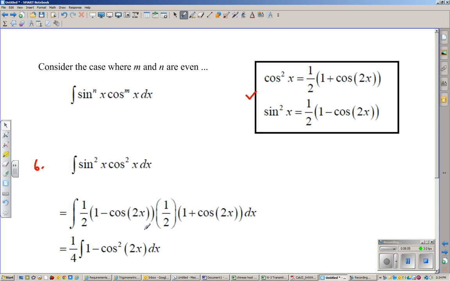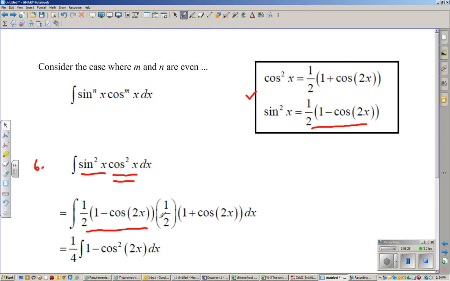But basically what we're going to do is take the sine squared x out, and the sine squared x is going to get replaced by, over here, the 1/2 times the quantity 1 minus cosine 2x. Then we're going to do the same thing with the cosine squared x.